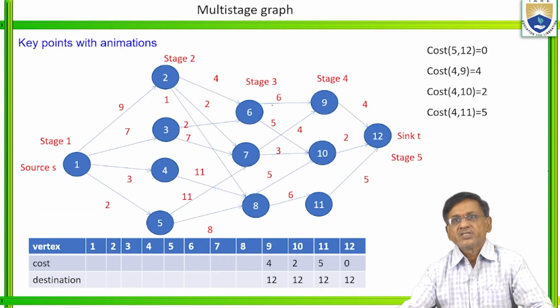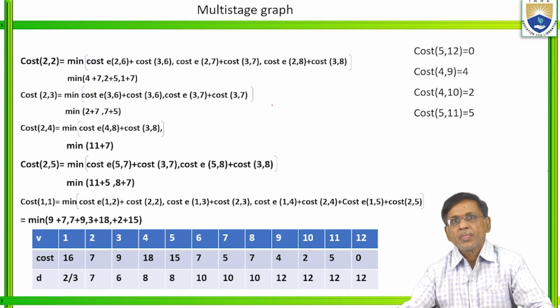Now you can see in the diagram, for 2 to 7 the cost of the edge is 2, and for 2 to 8 the cost of the edge is 1. So by considering this, we have to consider the cost of vertex 7 and the cost of vertex 8. Now, 4 plus 7 is 11, 2 plus 5 is 7, 1 plus 7 is 8.